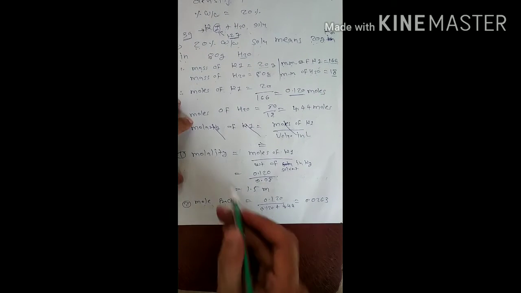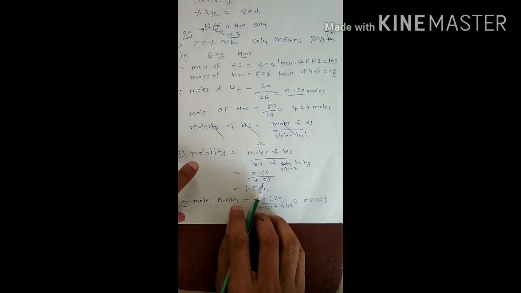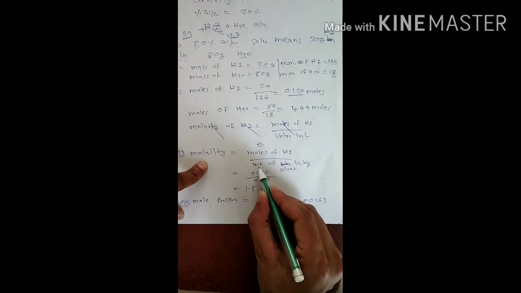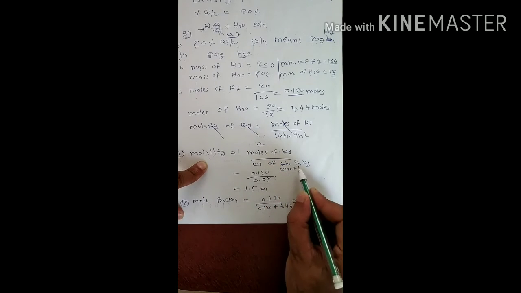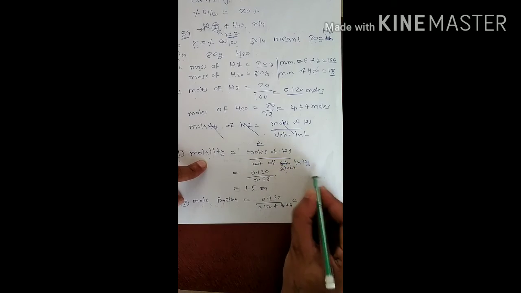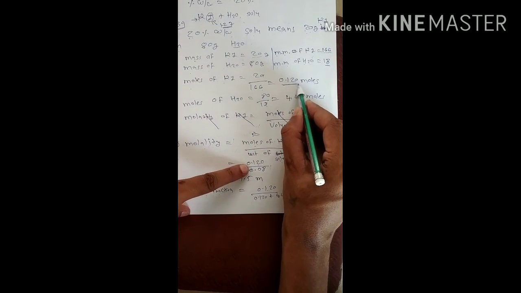Now first we want to calculate molality. So molality is equal to moles of solute divided by weight of solvent in kilogram. Okay, weight of solvent in kg. Moles of KI, how much did we get? 0.120.